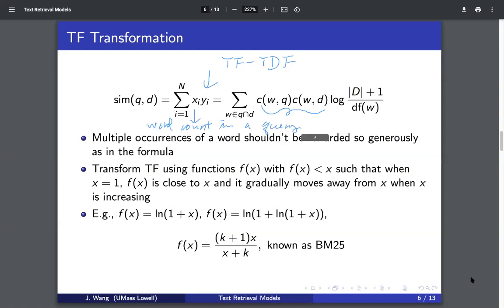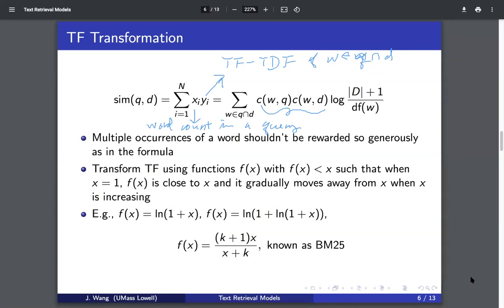And this y_i is the TF-IDF of word w, in the query and also in D, the underlying document.